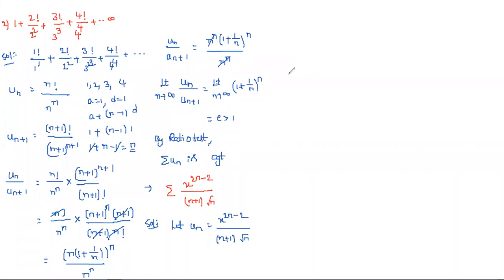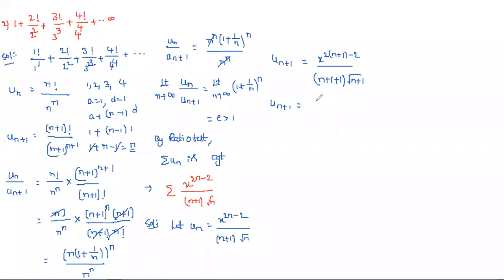Next, un plus 1. So un plus 1 is equal to, we can just substitute n plus 1 in place of n. Then x power 2 into (n plus 1) minus 2 by (n plus 1 plus 1) into root (n plus 1). Wherever we have n in un, simply we substitute n plus 1.